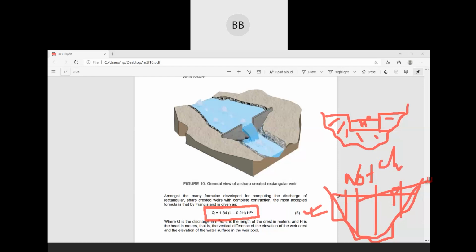If the channel is small, you can construct a weir, but obviously this structure cannot be constructed for a very large river or a very large channel. Suppose you have a small channel where you want to measure the discharge, you can construct a weir and appropriately find the discharge.